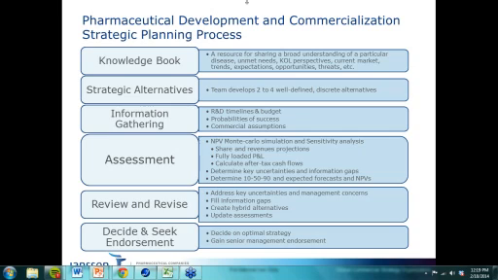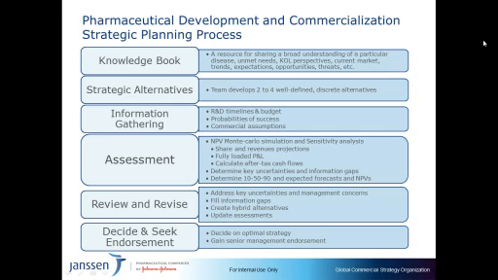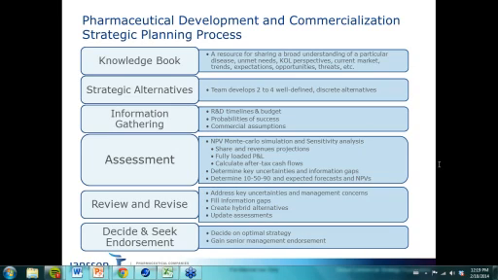You might go through an iterative process of this assessment to uncover many of these key insights, and it'll help you to focus your strategy a little bit better, or maybe focus some of your key assumptions a little bit better. Then you get into your review and revise step, where you're addressing these uncertainties with your management team, with the broad cross-functional team, and you take into account their concerns.